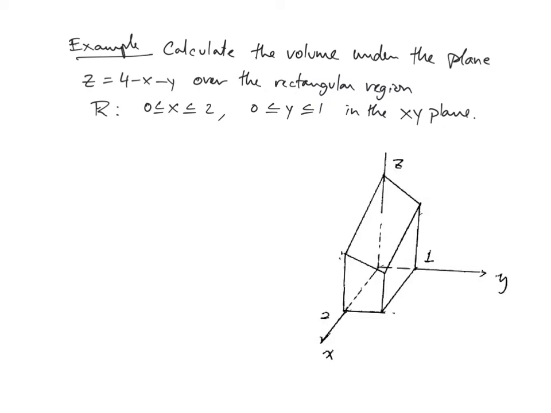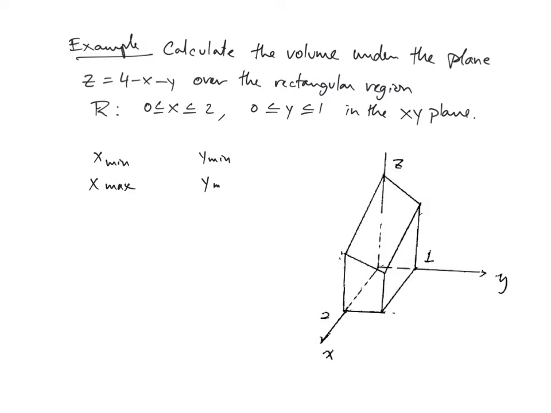Now we're going to do this practically with a calculation. We want to find the volume of this funny-looking house here. A rectangular region of integration is really easy because the limits of your integrals are just numbers. We're going to need x min and x max, and y min and y max.